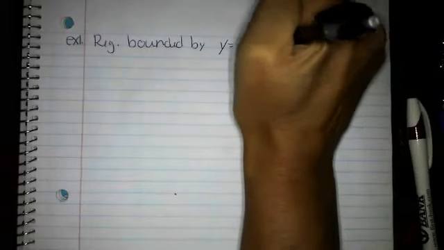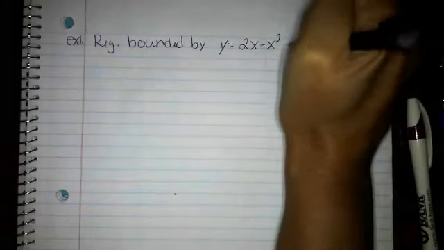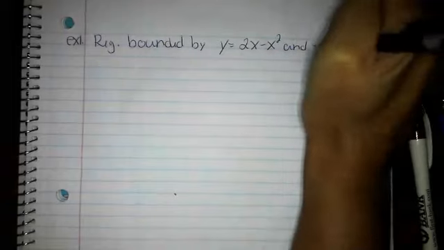We're actually going to be doing 2 of them. So number 1, we are going to take the region bounded by y equals 2x minus x squared and the x-axis.